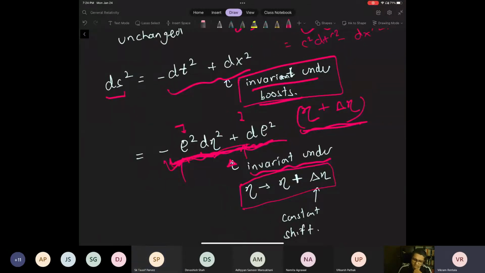That's another reason why you can see that the coefficients of d rho and d eta don't depend on eta, because it's a symmetry of the metric. It is the same symmetry reason why this metric does not change under boosts, and exactly the reason why this metric, as written in Rindler coordinates, is invariant under translations in eta.